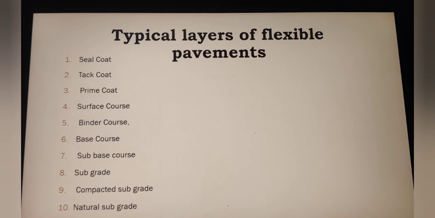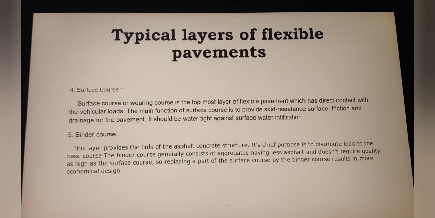Now we will see in detail the different types of layers in the flexible pavement. The first course, that is the topmost layer of the flexible pavement, is the surface course.